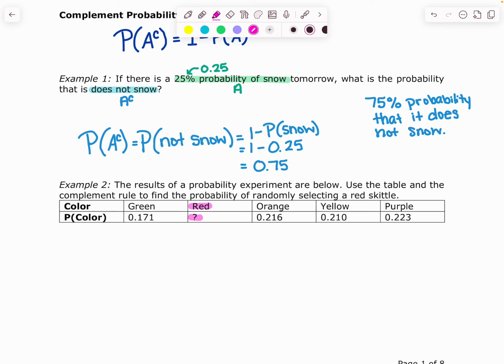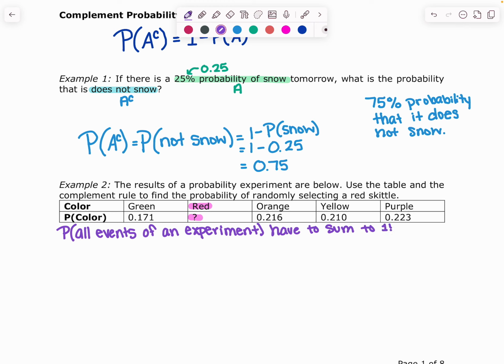And we know from our probability rules that the probabilities of all the events of an experiment have to sum to 1.